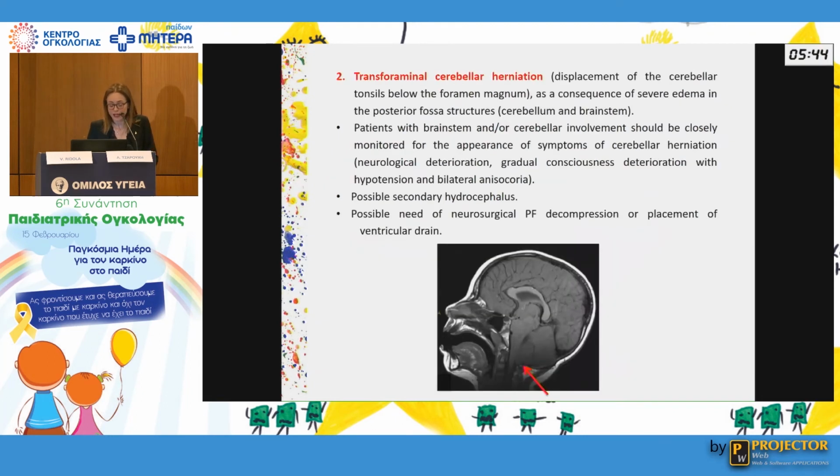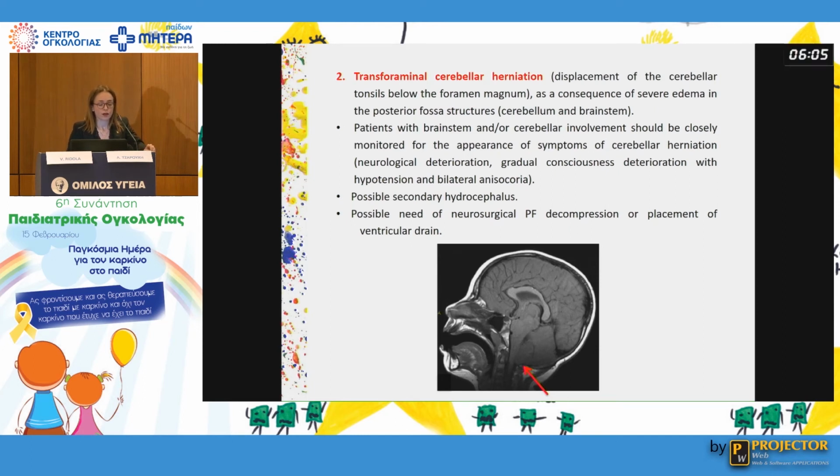intraparenchymal hemorrhage. The second life-threatening complication is cerebellar herniation, which is the displacement of the cerebellar tonsil, as you can see in these pictures, below the foramen magnum, as a consequence of severe edema in the posterior fossa structures.